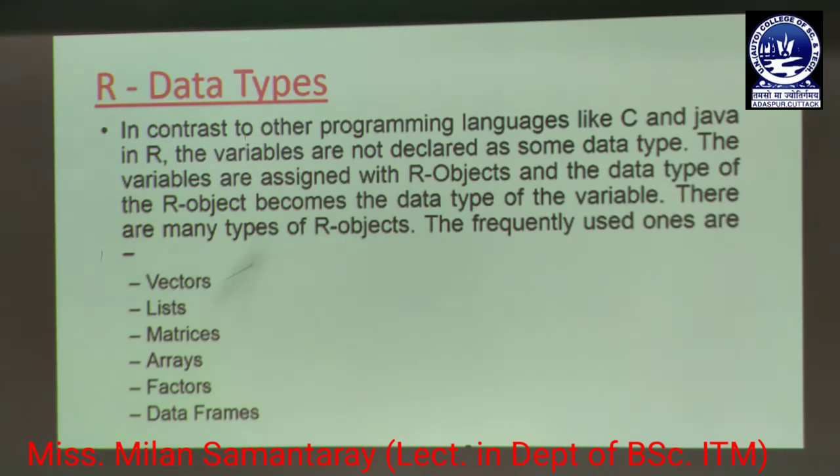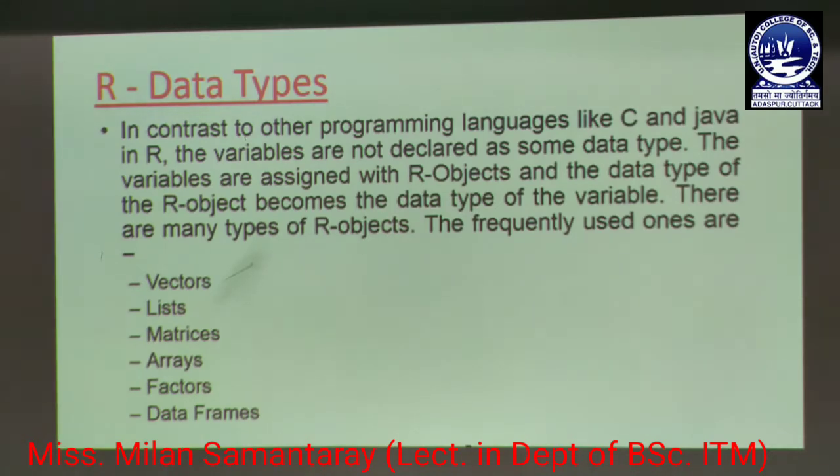So the variables are basically assigned with R objects, and the data type of the R object becomes the data type of the variable. That means here we are using the concept of objects. When we declare a variable in other programming languages, at that point of time we have to provide the data type for that variable, that is, which type of value that variable can store, whether it is integer type or floating point type.